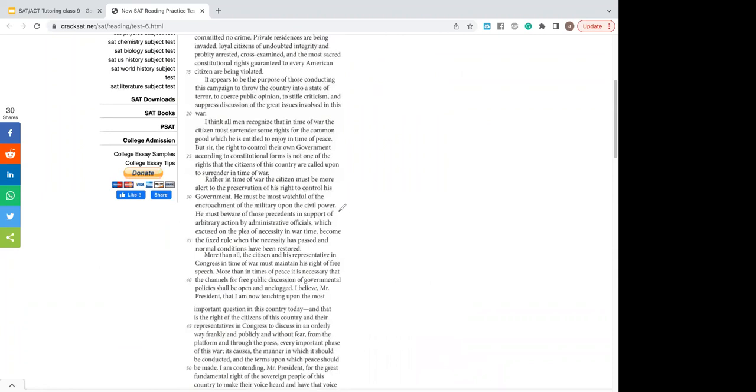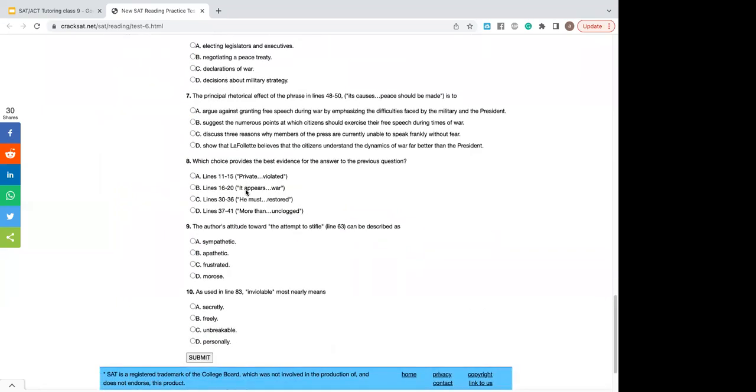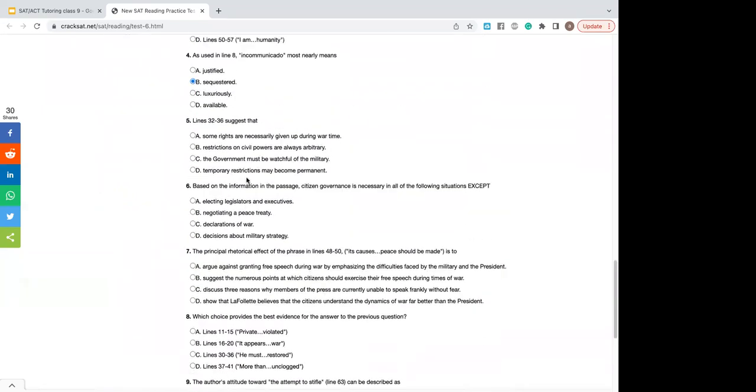So basically it's like stuff can become permanent. Whichever answer choice matches up with that best. Temporary restrictions may become permanent. So our answer choice is D.